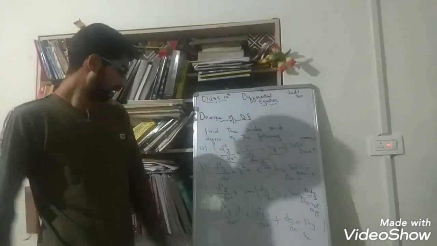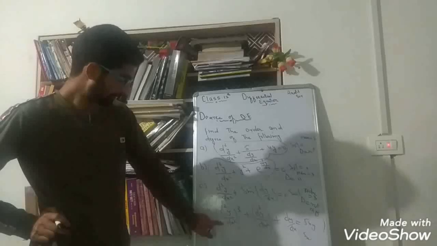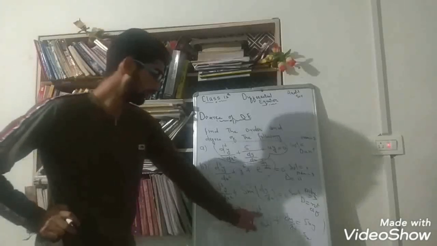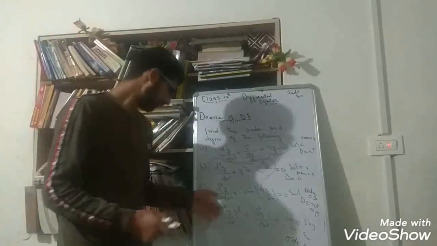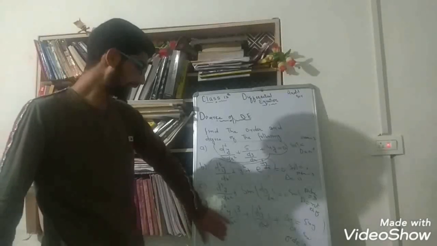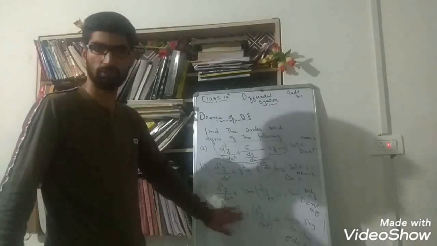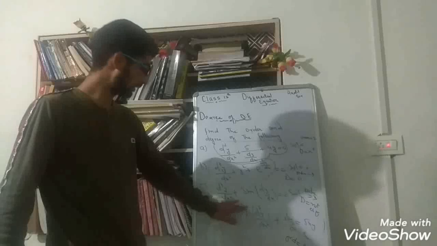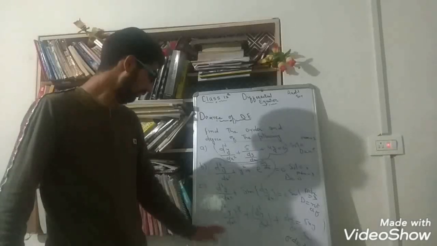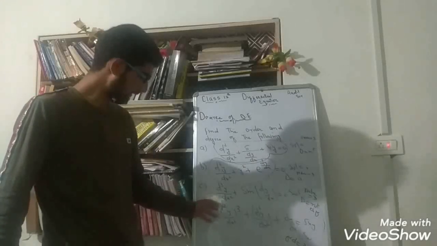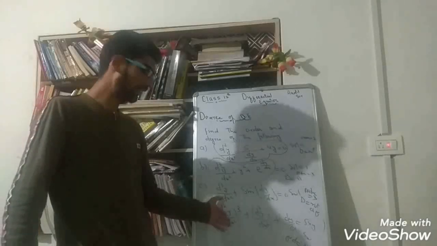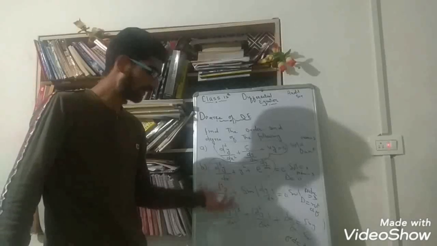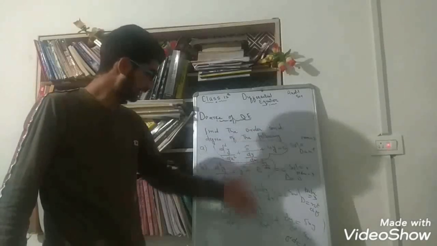Now here the highest order derivative is d cube y by dx square, so its order is 3. When we look at it properly, we see this differential equation has exponents as positive integers, and it is clearly polynomial, because it has neither any radical nor any fraction of derivative.